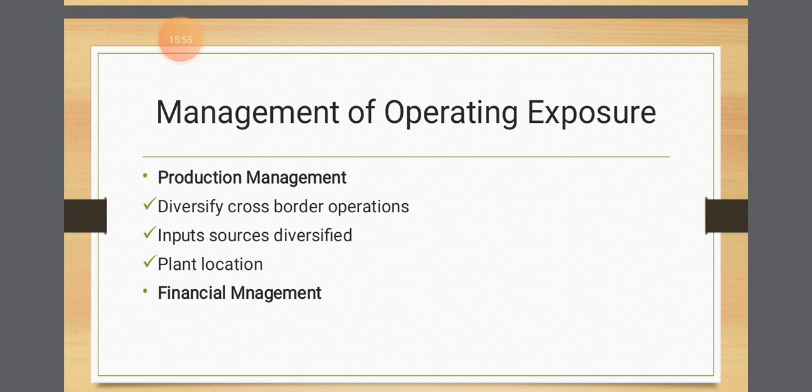This is what we have done in case of transaction exposure also, that you can go in for netting. So you can try to make some offsetting positions so that your operating exposure reduces up to a certain extent. So this was about the measurement and management of operating exposure.